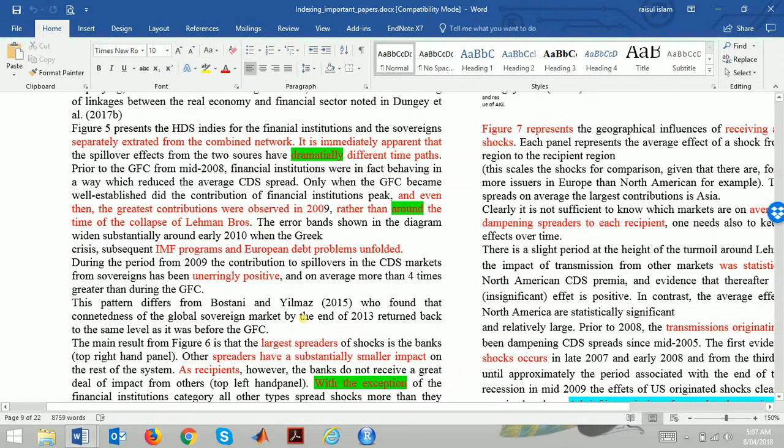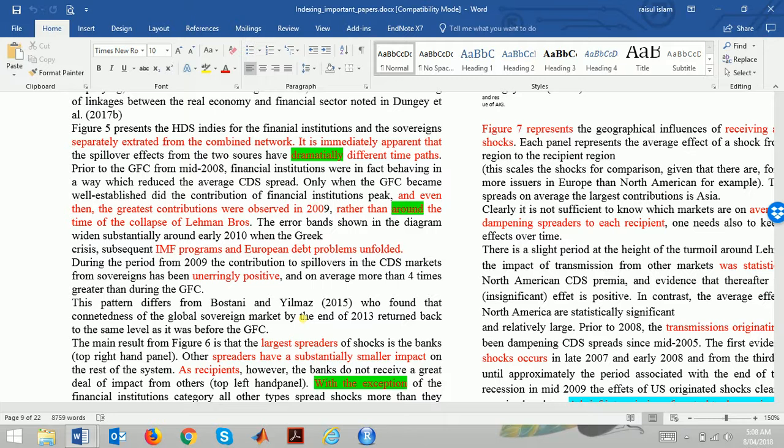Subsequently, the error bands widen substantially when the Greek crisis, subsequent IMF programs, and European debt problems unfolded.